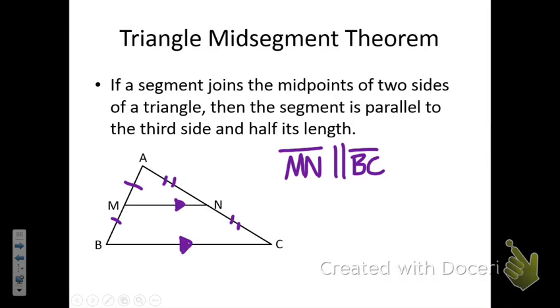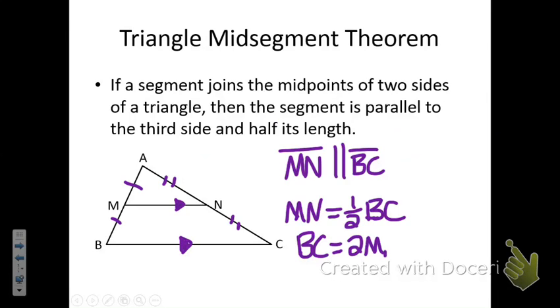So that tells me that the length of MN is half the length of the side that it is parallel to, which would be BC. So since we know that the mid-segment's half the length of the third side, if I knew what that mid-segment measurement was, I could double it to get the third side. So BC would be equal to double your mid-segment MN.